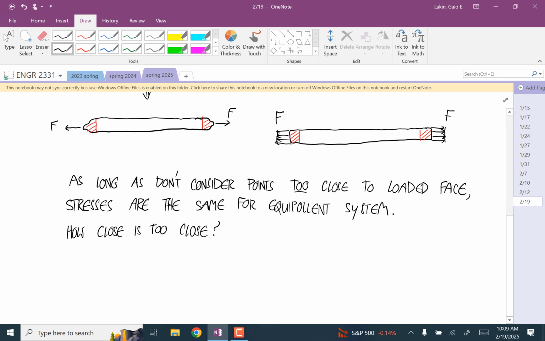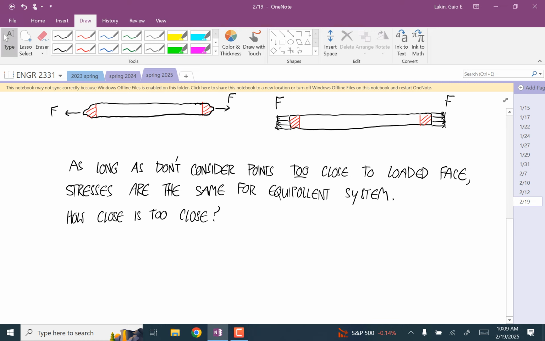This is just kind of a rule of thumb, but it's helpful. Think of about the longest dimension of the loaded face.